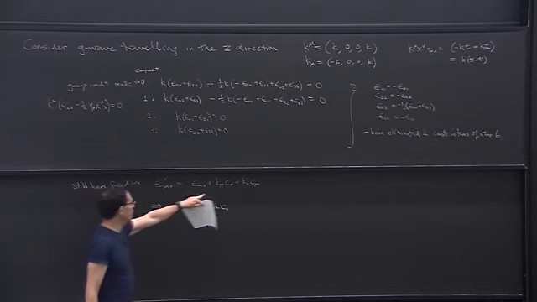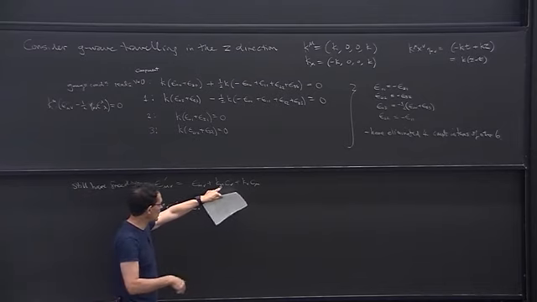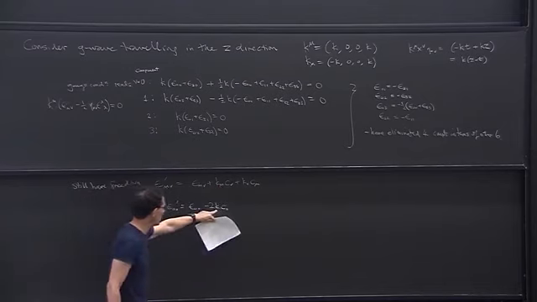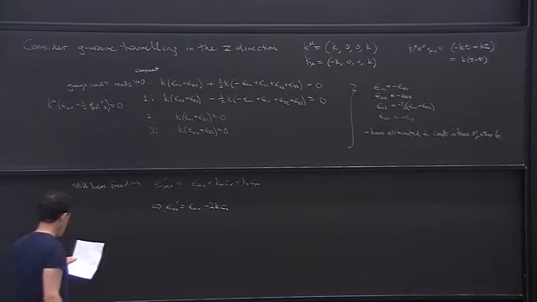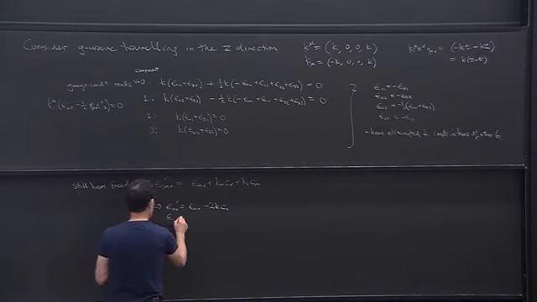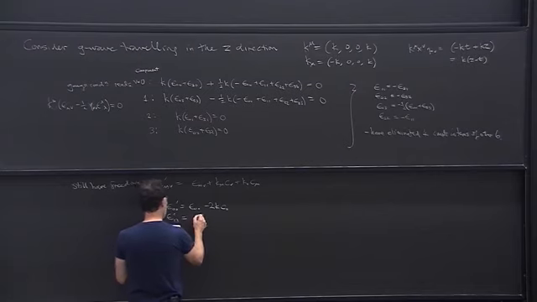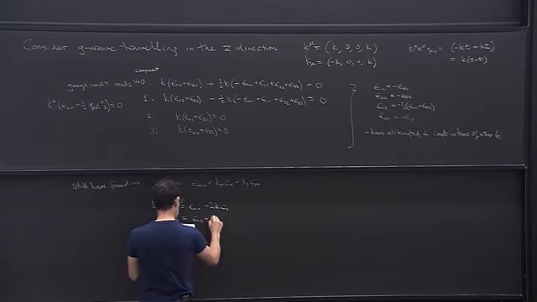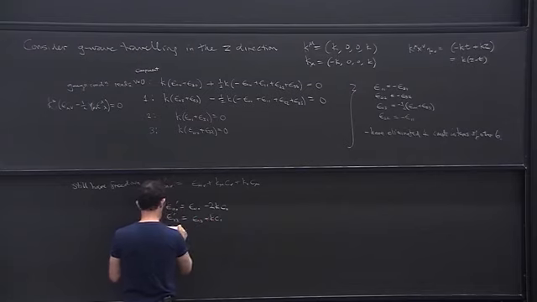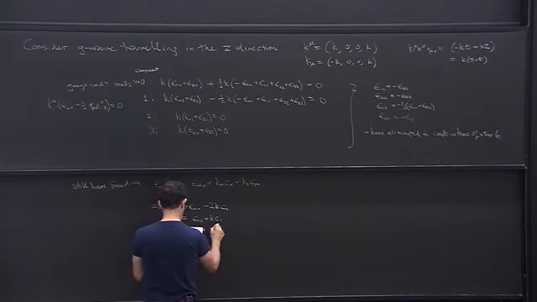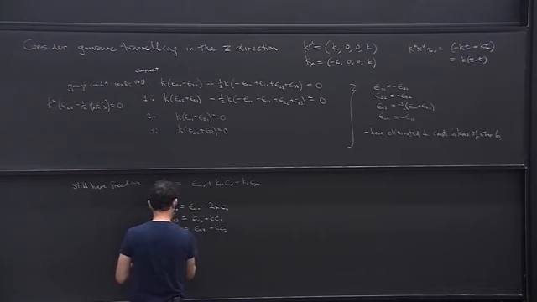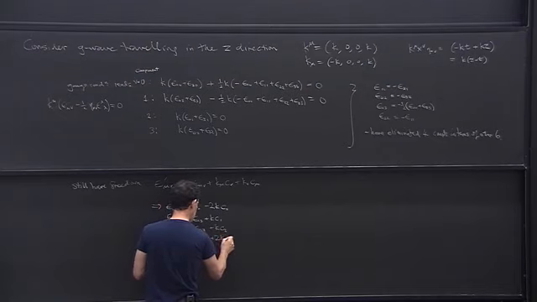That's just using the fact that k with 0 downstairs is minus k. And epsilon 1,3 prime is epsilon 1,3 plus k c1. Epsilon 2,3 prime is epsilon 2,3 plus k c2. Epsilon 3,3 prime is epsilon 3,3 plus 2k c3.